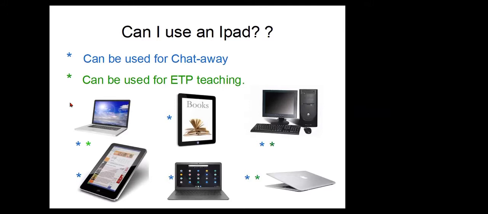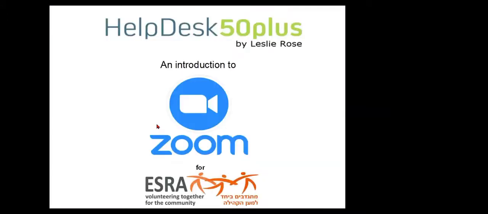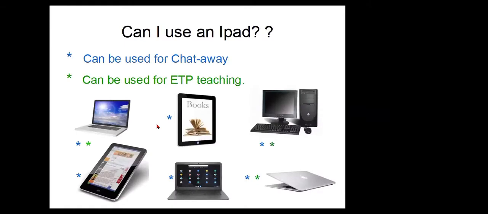If you're listening in and learning how to do it for ETP teaching, then the recommendation is that you don't use iPads and you don't use Chromebooks and you don't use tablets. That's the Android version, simply because not all the settings are there.